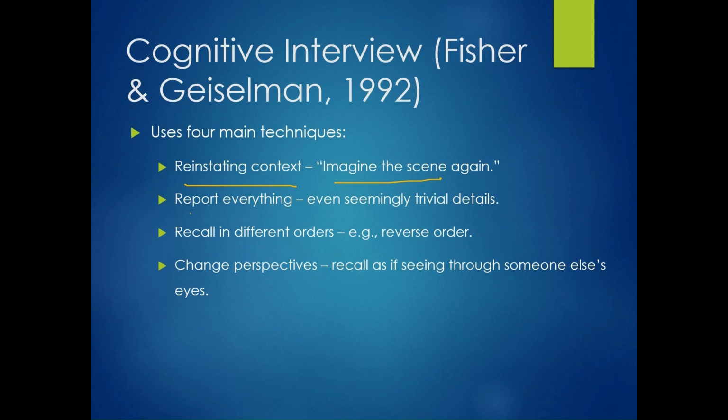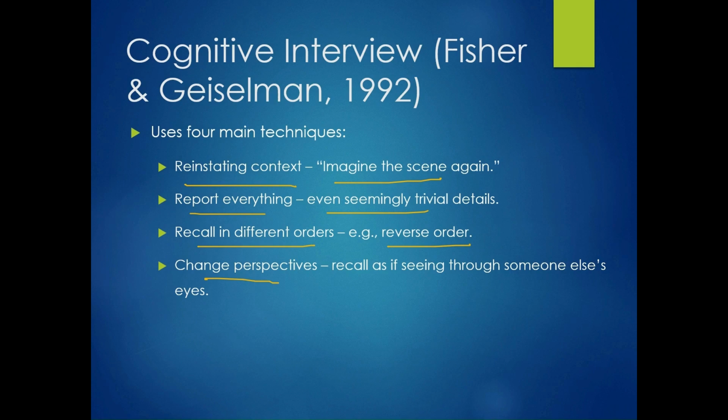Second is report everything, even seemingly trivial details, because they might trigger deeper memory connections. Third is recall in different orders, for example, narrating the incident in reverse order or backward. This can break automatic patterns and reveal missing details. Then change perspective.